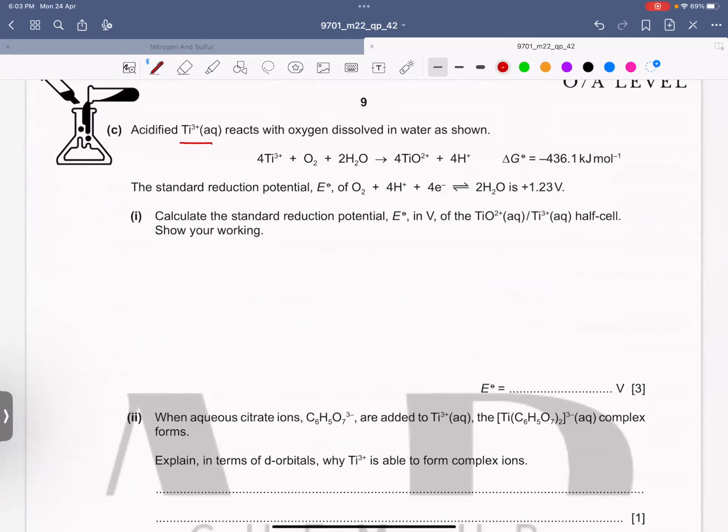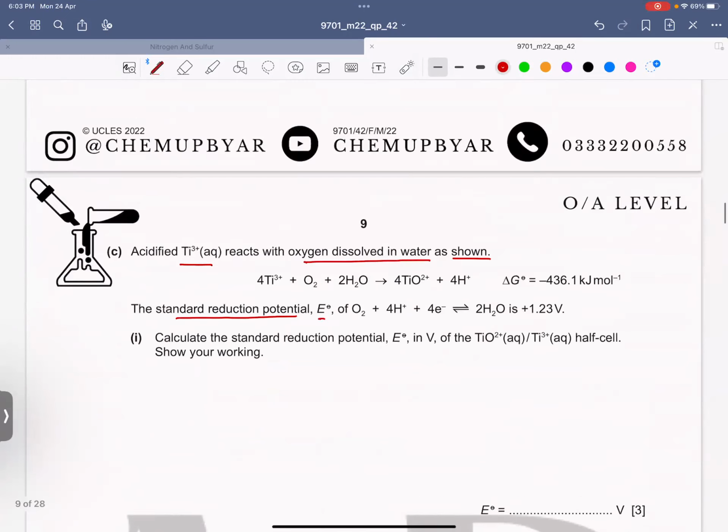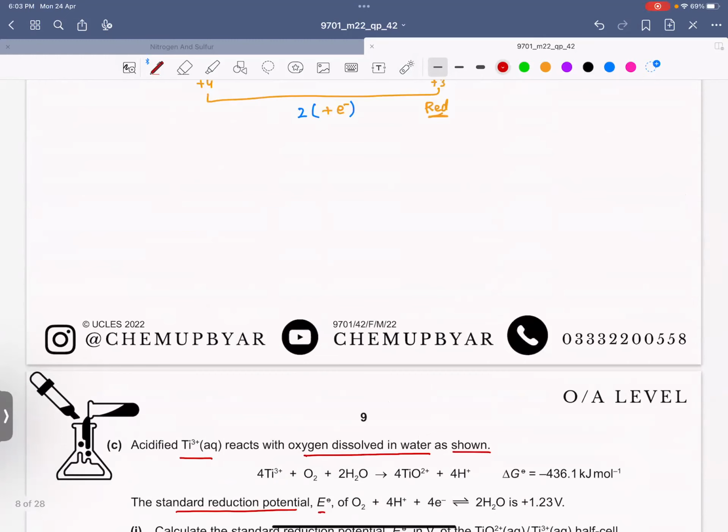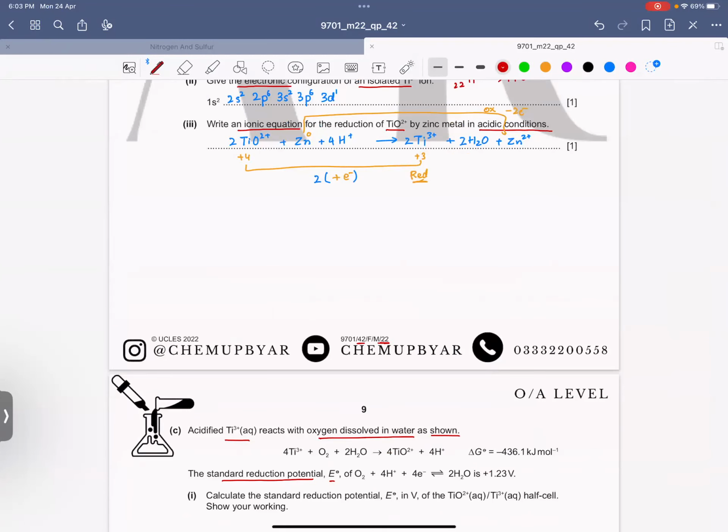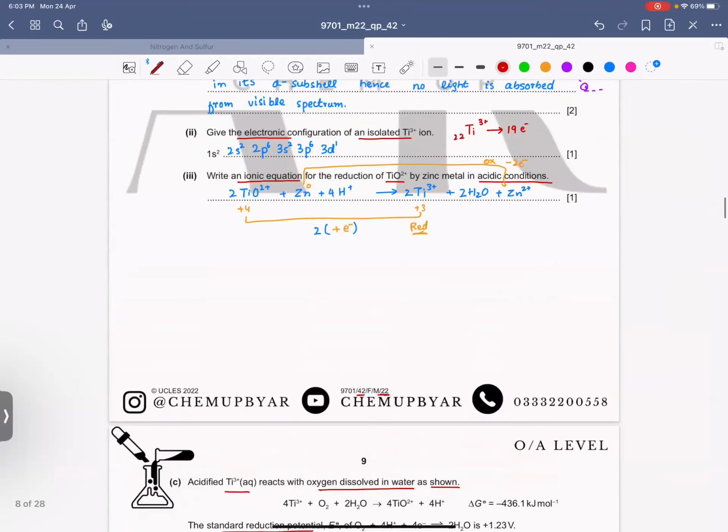Acidified titanium 3 positive reacts with oxygen dissolved in water as shown. The standard reduction potential E naught of. Let me remind you, for this paper, that is actually the year 2022, since it's the latest paper from last year, you are not going to be given a data booklet.